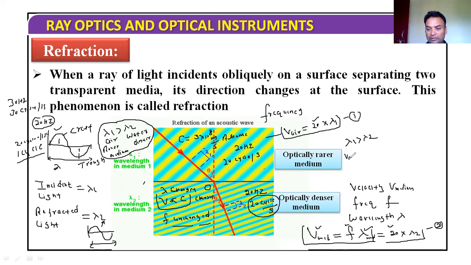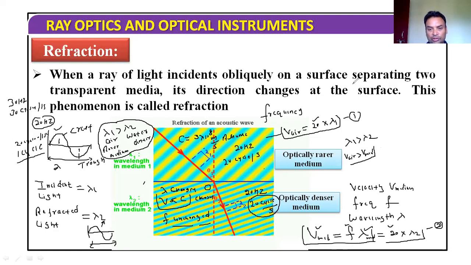So velocity in the air is greater than velocity in the medium. So when the light enters a denser medium, its speed lowers, its wavelength is reduced, but there is no change in the frequency.